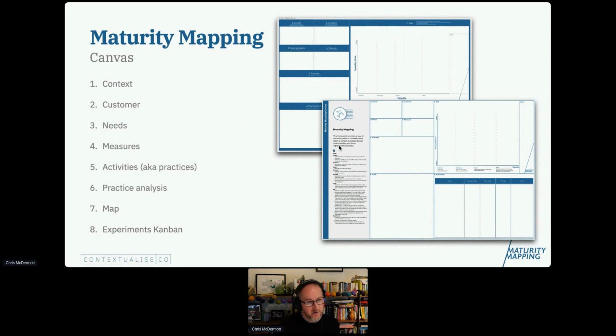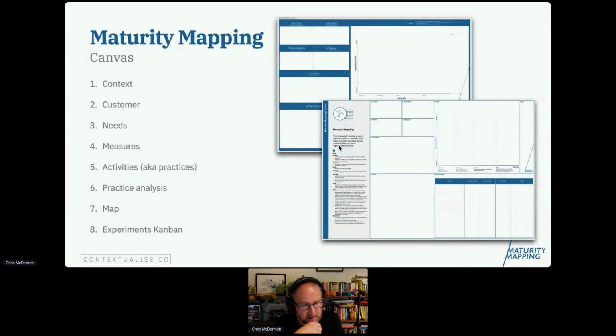The aspects of this here are probably too small to see. It asks us about context, customer needs, objective measures we can use on a particular context, and the activities that take place in that context, aka practices. We tend now to talk about activities, because practices brings people into a way of thinking that, without a full discussion about what practice theory is, makes it slightly more difficult to have that conversation.